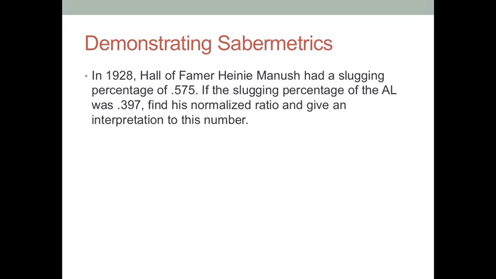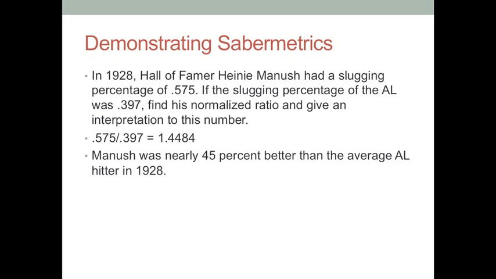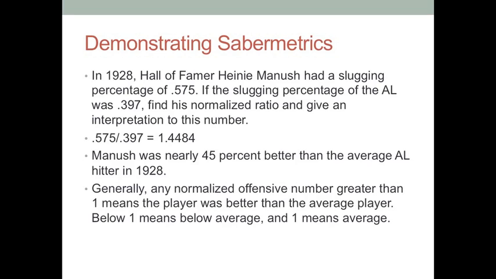So to do that, again, you take the player's number and divide it by the league's number, and you get 1.4484. Manush was nearly 45% better than the average American League hitter in 1928. Generally, any normalized offensive number greater than 1 means the player was better than the average player. Below 1 means below average, and 1 is average.